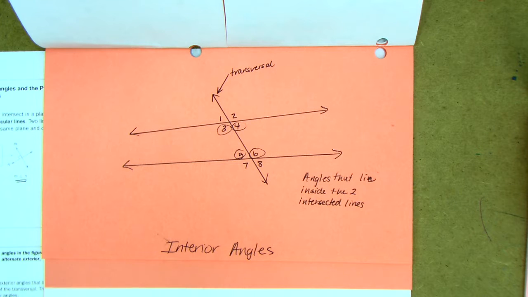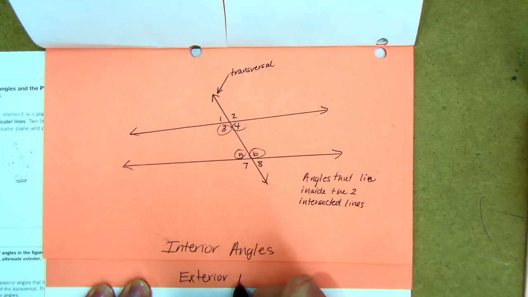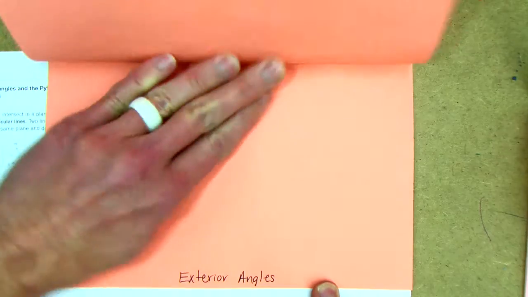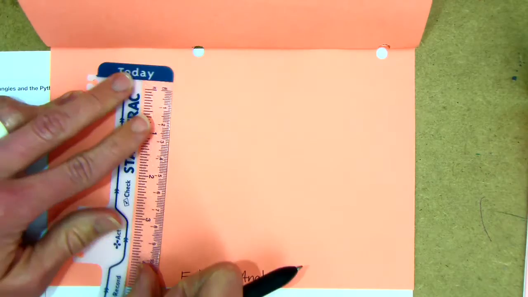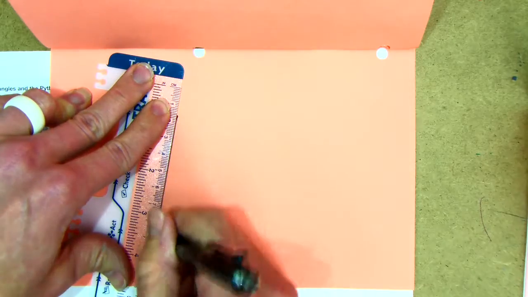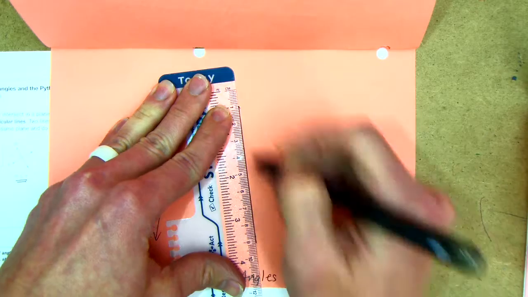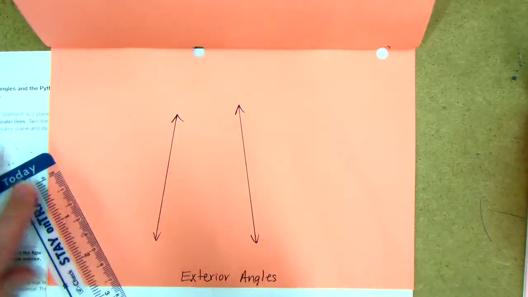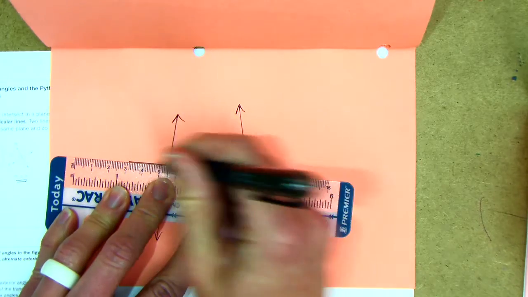Okay, then right along with that, we have exterior angles. So the next tab is going to be exterior angles. I'm going to flip that and draw 2 lines cut by a transversal. This time I'm going to draw my lines differently so you can see a different version. I'm going to draw my 2 lines in a vertical fashion, and my transversal I'm going to have go from right to left.